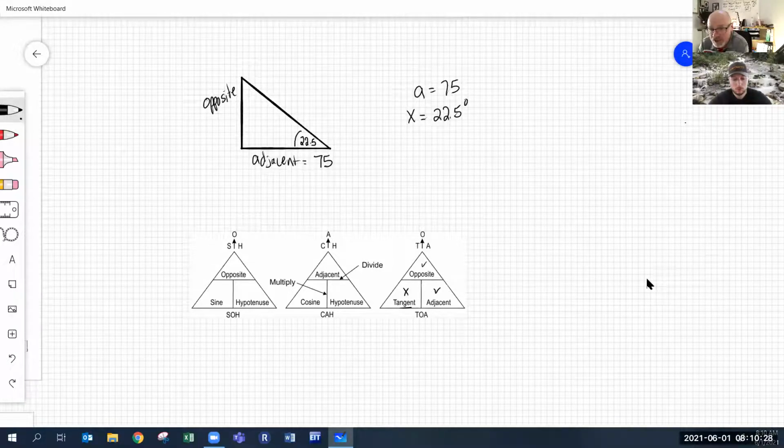So I'm using TOA. It says to take your side adjacent, 75, and multiply it by tan 22.5. You have to hit the tangent button after your angle. So you're going to go 75 multiplied by 22.5, hit the tan button, and then hit the equals button.